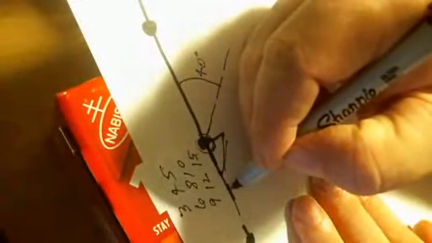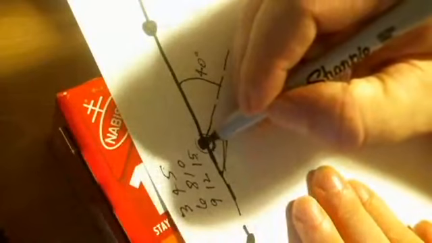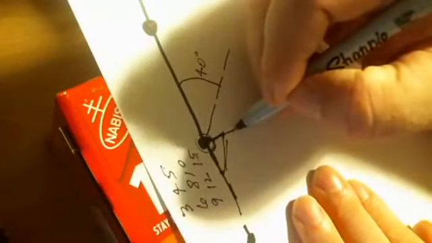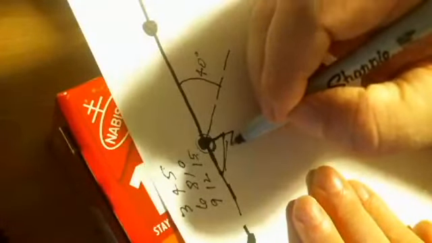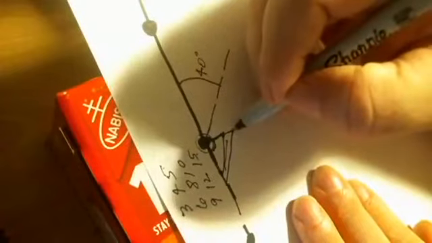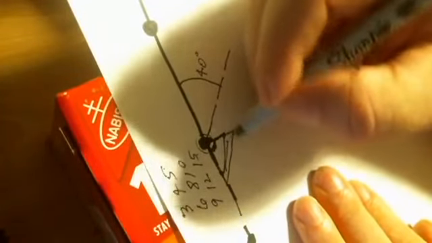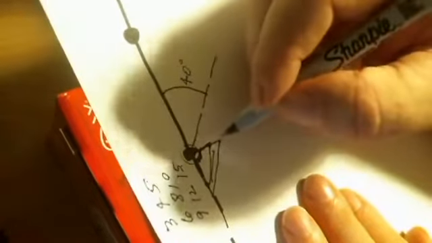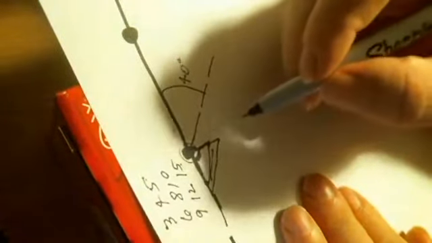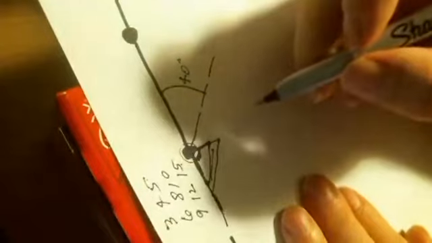You could measure out 9 feet, 12 feet, and 15 feet, and that would give you a 90-degree angle there, a 3, 4, 5 right triangle. That's famous among builders and surveyors.